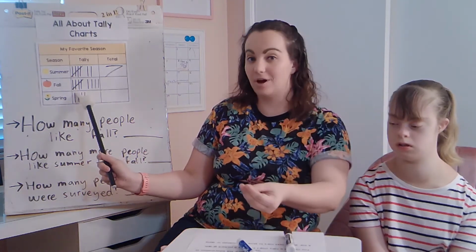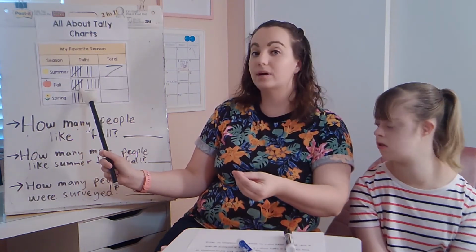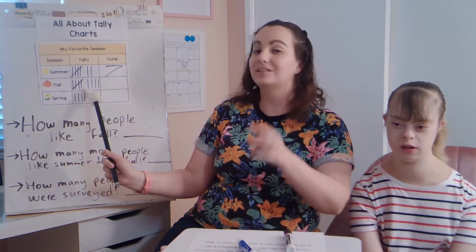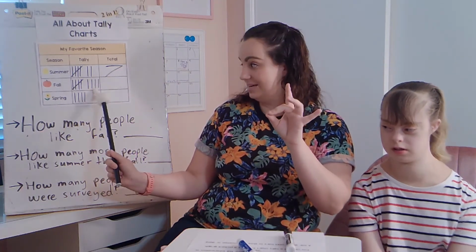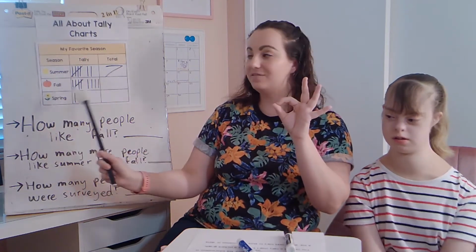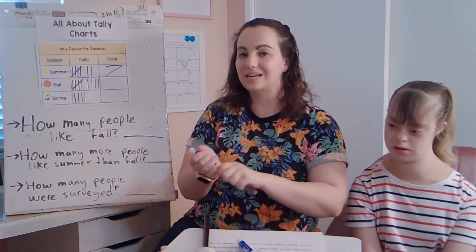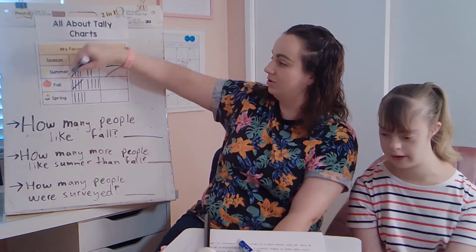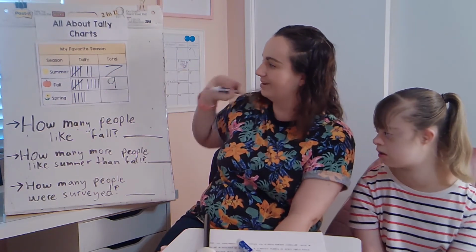Let's count on to see how many more. What number comes after 5? 6. Good. 6, 7, 8, 9. How many people said fall was their favorite season? 9. Yes. So we once again take our writing utensil, fall, and write 9.